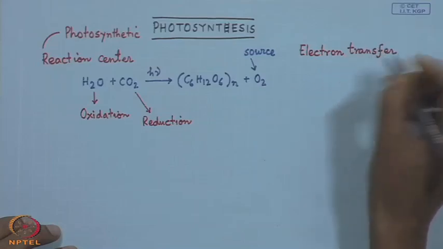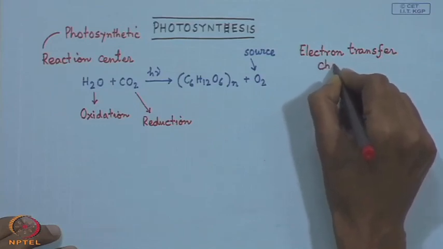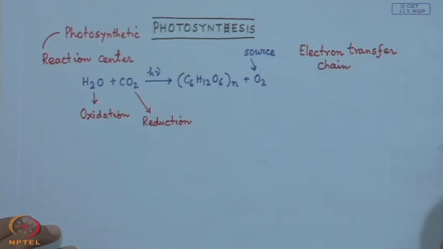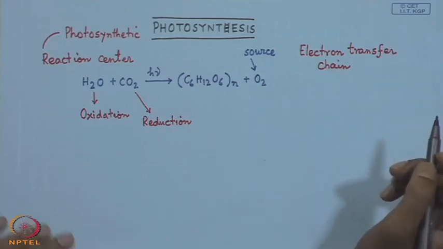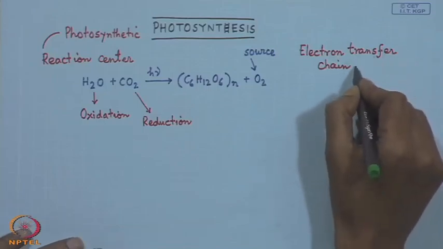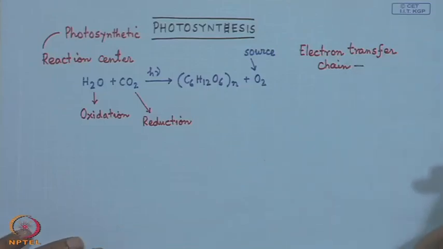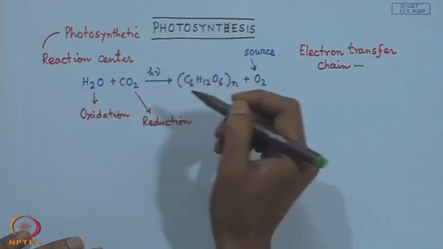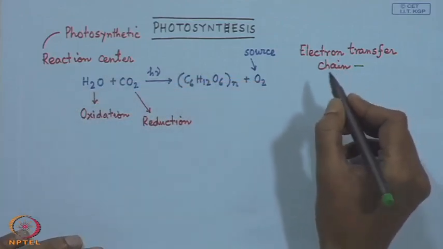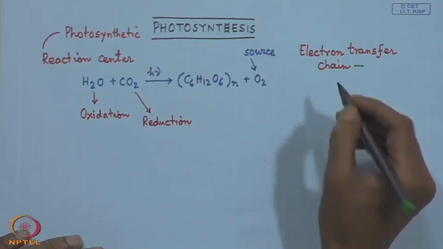An electron transfer chain is also there, like what we studied in the case of cytochrome C and cytochrome C oxidase, where we were able to consume the dioxygen molecule. Now, we are doing something which is the reverse of that. That means, how this particular electron transfer chain is involved in converting water and carbon dioxide to a glucose molecule.